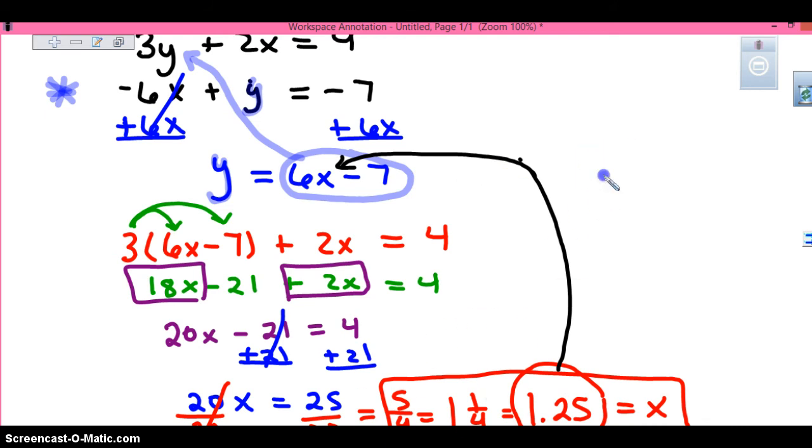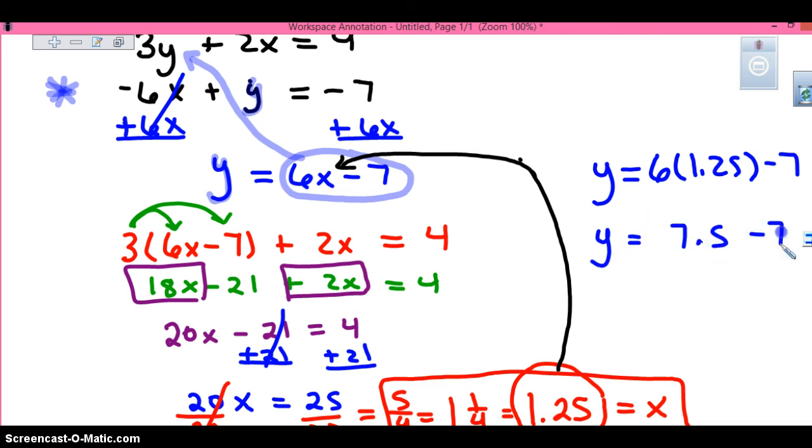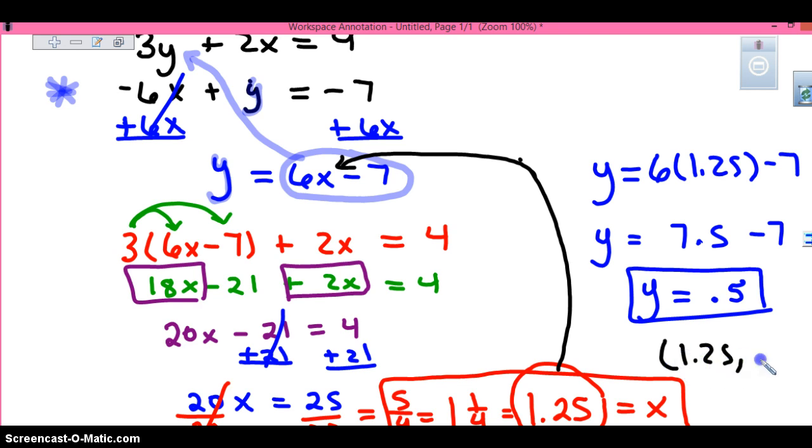So that means y equals 6 times 1.25 minus 7. 6 times 1.25 is 7.5 minus 7. 7.5 minus 7 is 0.5. So that means our ordered pair is 1.25, 0.5.